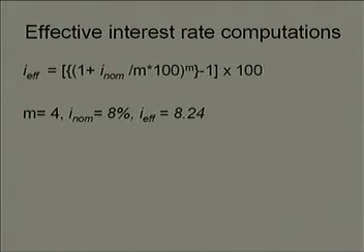In this, I nominal is the nominal interest rate, I effective is the effective interest rate, M is the period of compounding. For a value of M equal to 4, we found that corresponding to 8% nominal interest, we were getting an effective interest rate of 8.24%. This is the point at which we closed the last lecture.